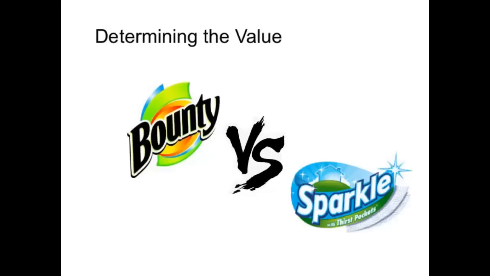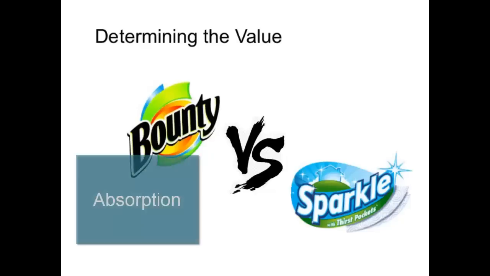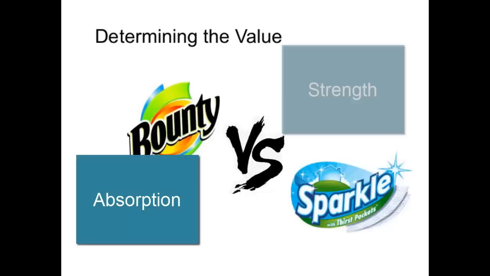All right, so we've tested Bounty and Sparkle for their ability to absorb water, as well as possibly another quality that you decided upon. It could have been strength, ability to pick up certain materials, or ability to absorb other liquids or semi-liquids. Anyway, you started looking at its qualities.